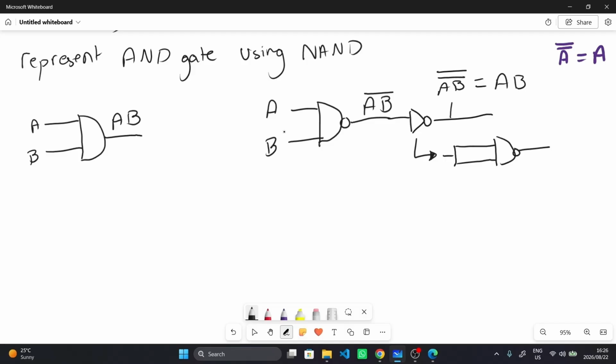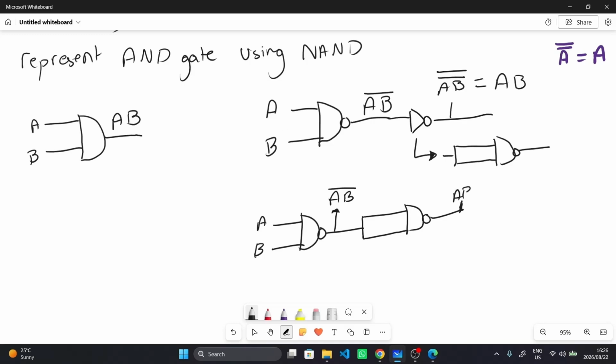Right. So our circuit diagram will be AB. Here you will have your NAND gate that will be A times B complement, then the output here will be AB complement, which is AB. So this is the same as this, right?